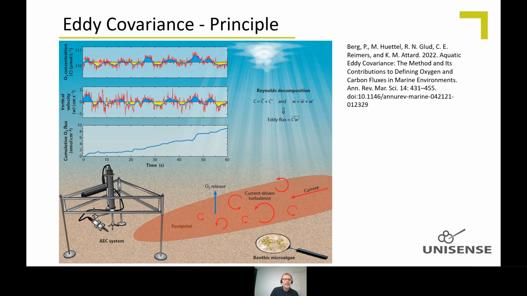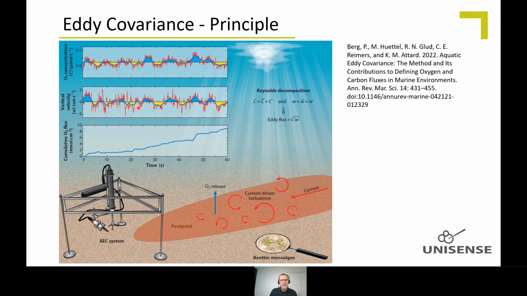What they do is, in the yellow colored ones here, this is the vertical velocity, and this is the oxygen concentration. When the vertical velocity is negative, then the flow rate is toward the sediment. If it's positive, it's away from the sediment. And you can see here the yellow ones, that's towards the sediment. That coincides with oxygen concentrations being lower than the average.